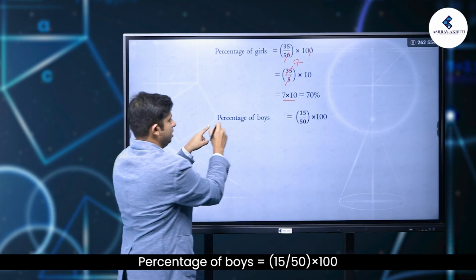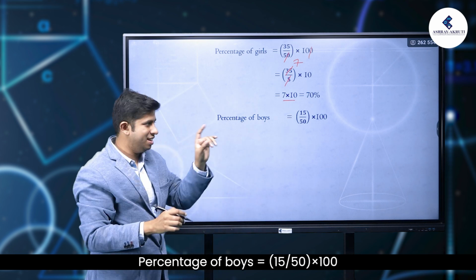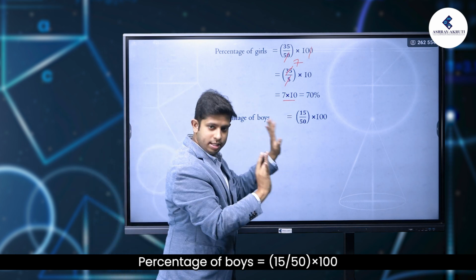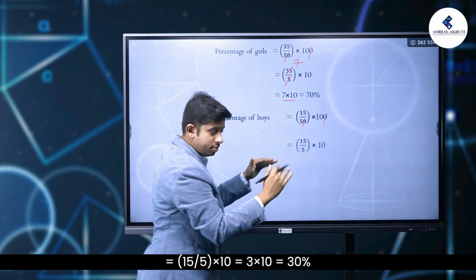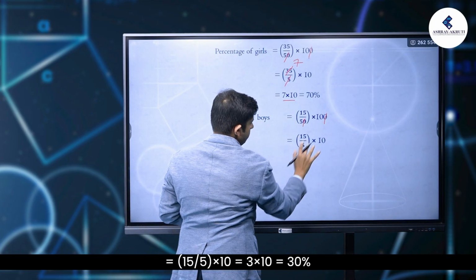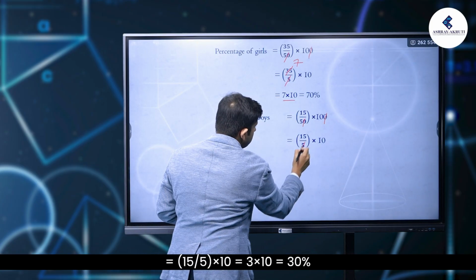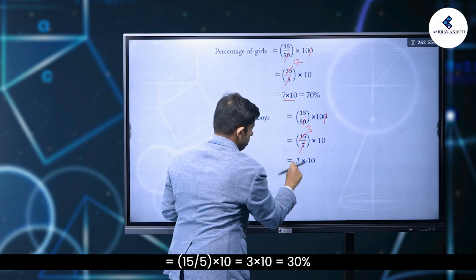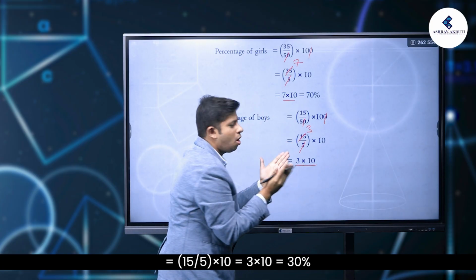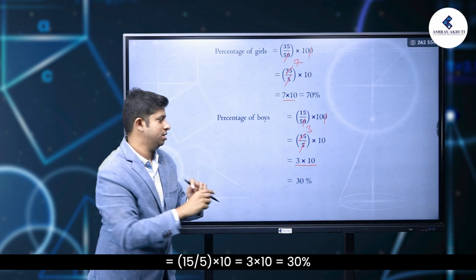Percentage of boys: 15 by 50 into 100. 15 by 5 into 10 equals 3 into 10, which equals 30%.